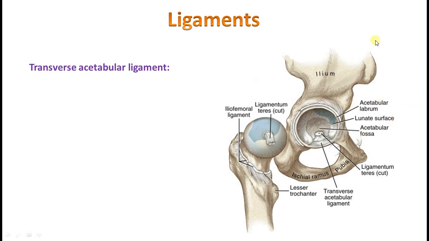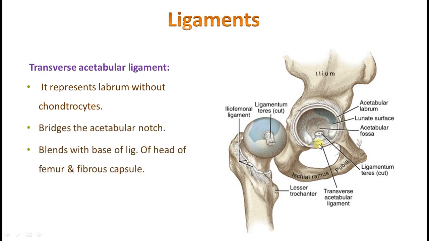Transverse acetabular ligament, you are able to see here, is actually bridging your acetabular notch. It represents something like a labrum without the cartilage cells or chondrocytes. Blends with the base of the ligament of head of femur.